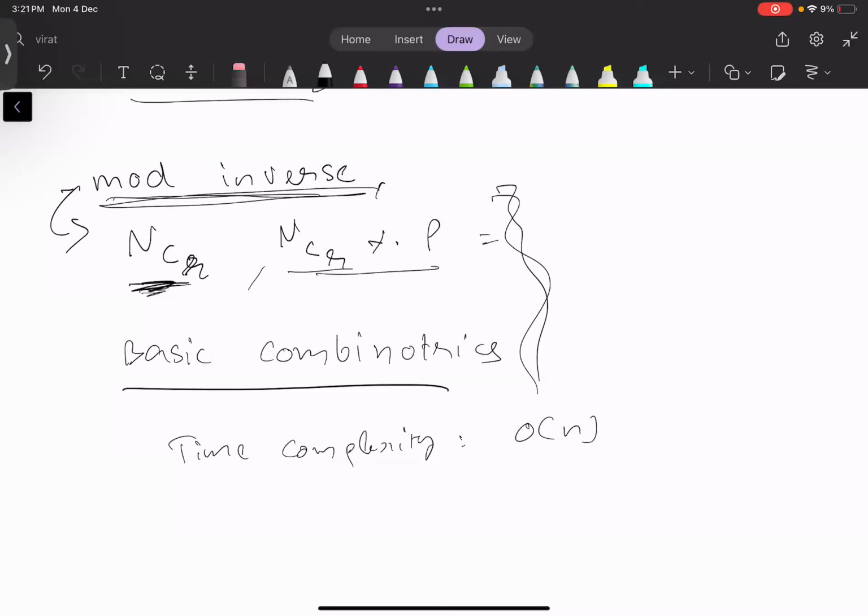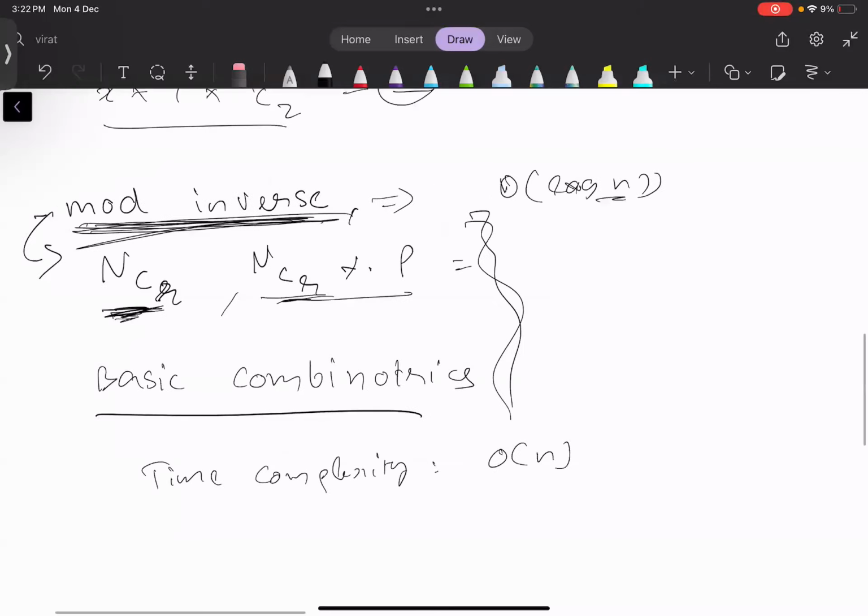I mean, for finding NCR, we also need to know the modulus inverse value. Modulus inverse value will have a complexity of O of log n. For a given number n, it takes us log n time, because we'll be performing binary exponentiation, right?